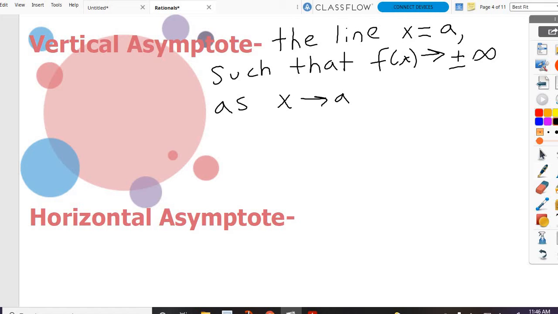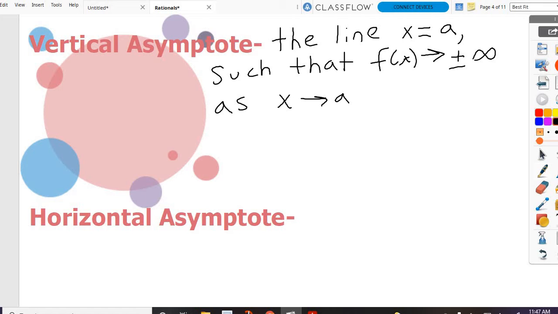So for our last one, what was our a value? What was our x getting closer and closer to? 0. So our asymptote would have been at x equals 0.